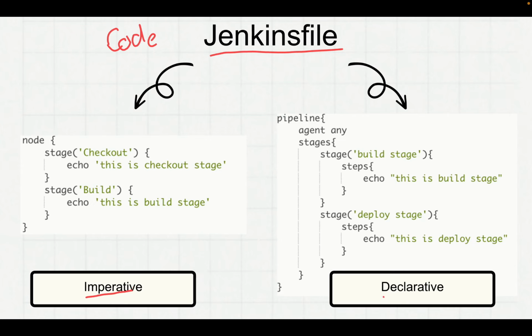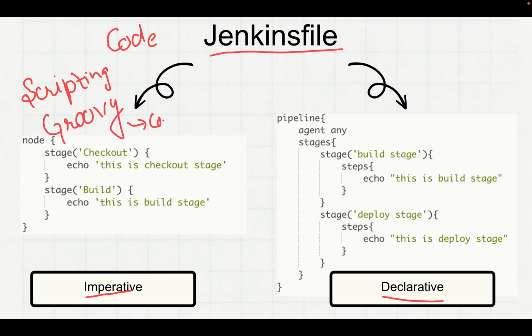The imperative type is basically the scripted form, more related to the scripting part, as it is based on the Groovy side. As it is more based on the scripting part and Groovy, it can handle complex code, and you have a fine granular approach.